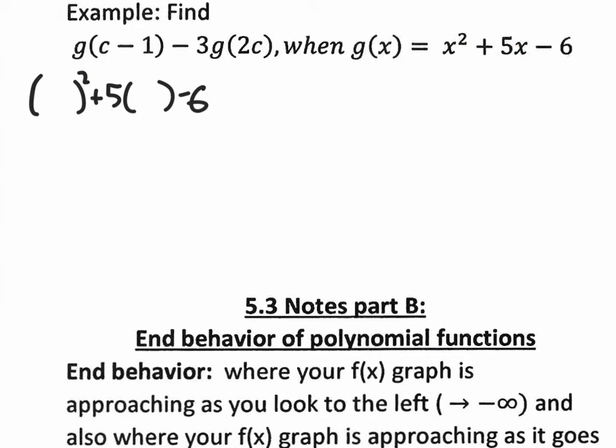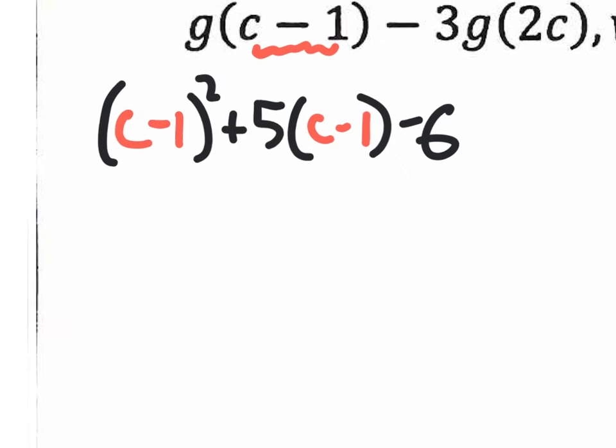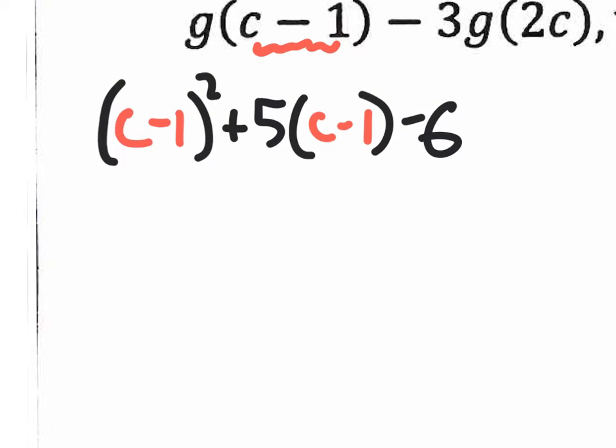So we're going to plug in that c minus 1 right here and right there. So let's focus in or zoom in on this. We'll do the rest later. I'm going to completely ignore the minus 3 times g of 2c. We're going to worry about this later. Right now, let's just focus in on plugging in c minus 1, the binomial, into the g of x function.